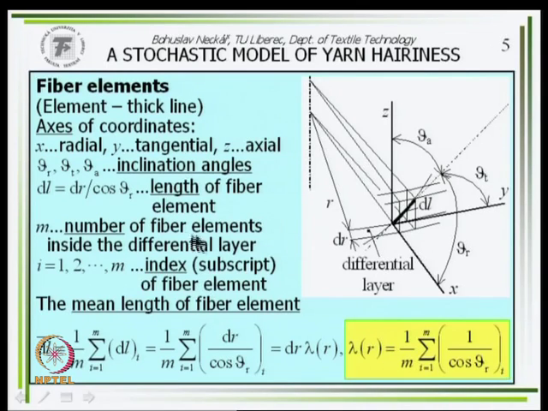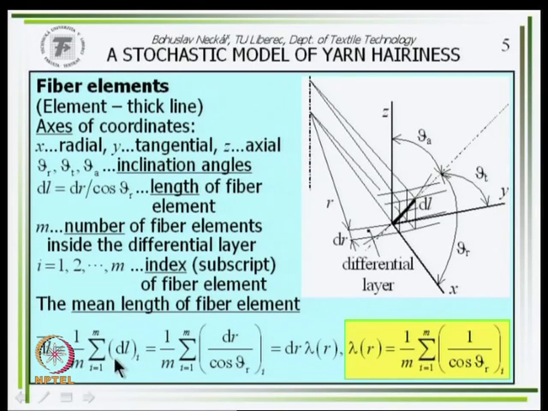Let m be the number of fiber elements inside the differential layer. These elements we can number 1, 2, 3, 4, generally with subscript i, which goes 1, 2, and so on to the last number m, because m fiber elements are protruding through our layer. What is the mean length of a fiber element?